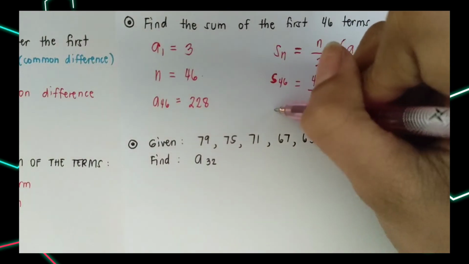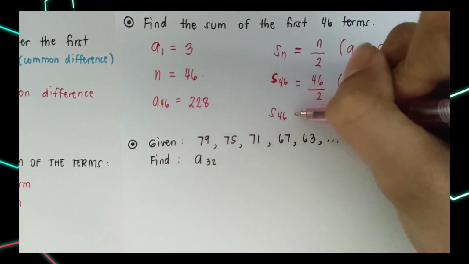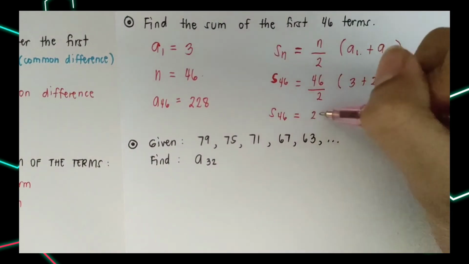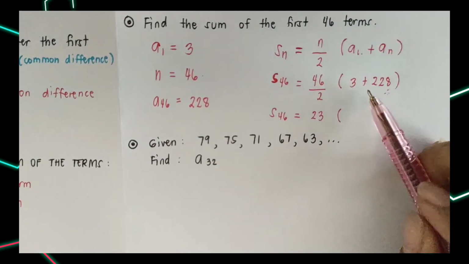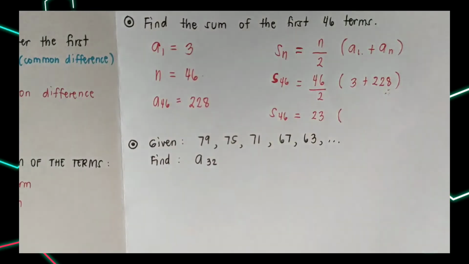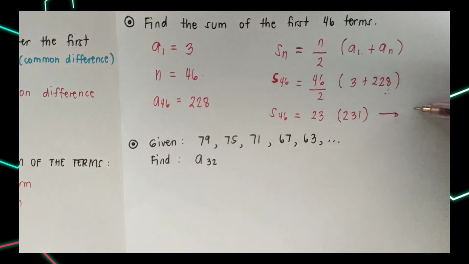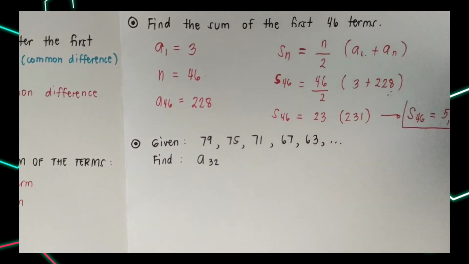The answer will be S equal to 46 divided by 2, which is 23, times 3 plus 228, which is 231. So the sum of the 46 terms will be 23 times 231, which is 5,313.